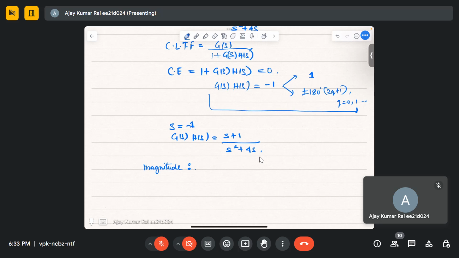Hs I'm not considering because Hs is equal to 1, so whatever you put, you will get 1. So what will you get? -1 plus 1 in the numerator, and minus 4s, minus 4 in the denominator.